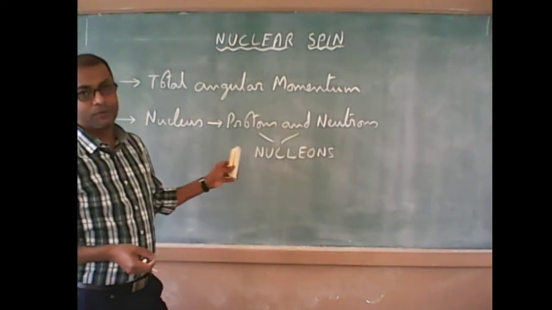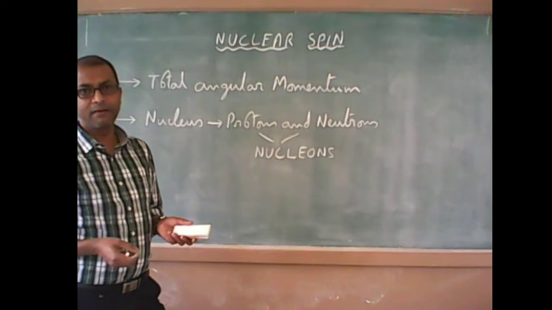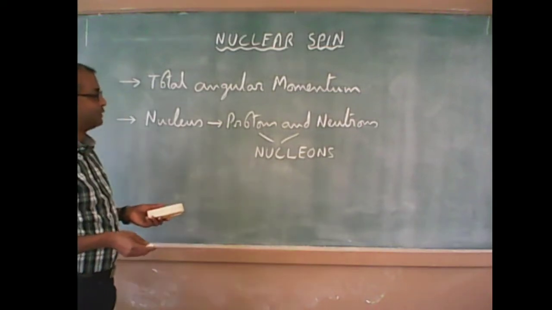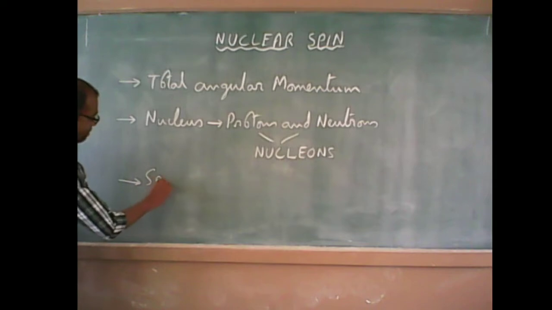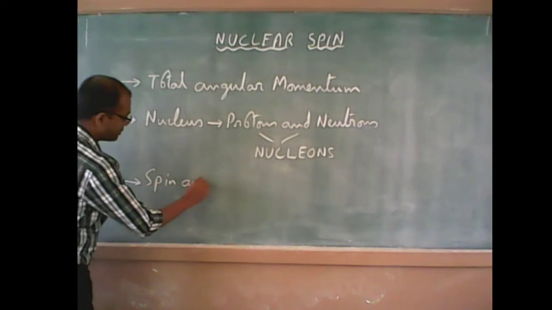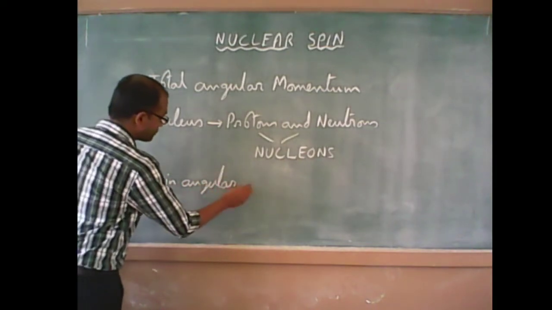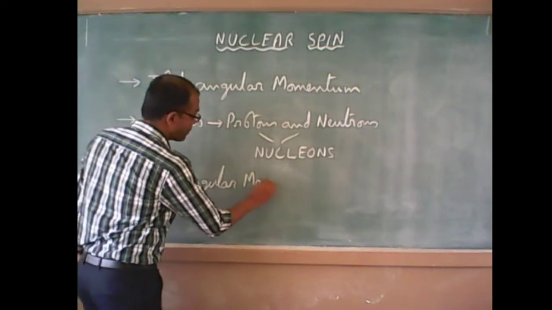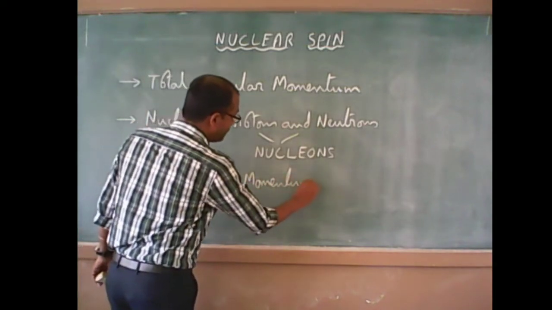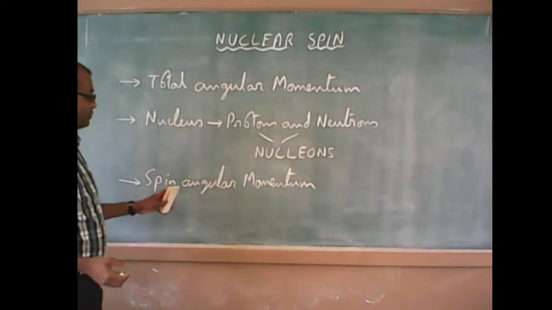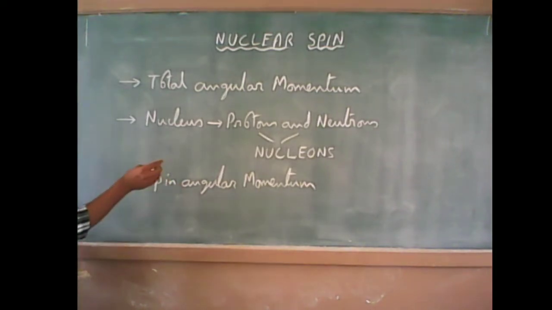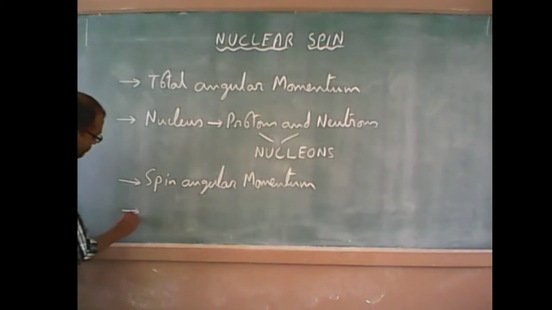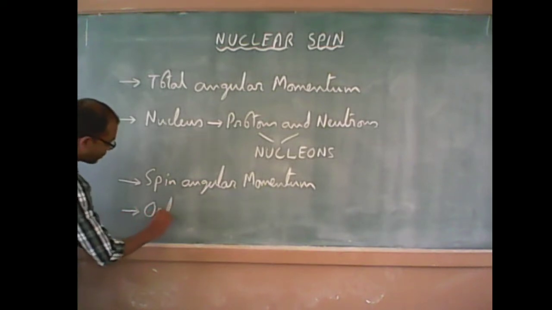So these nucleons inside the nucleus have two kinds of angular momentum. One is the intrinsic spin angular momentum, because of their spinning motion, and apart from that, they also have an orbital angular momentum.